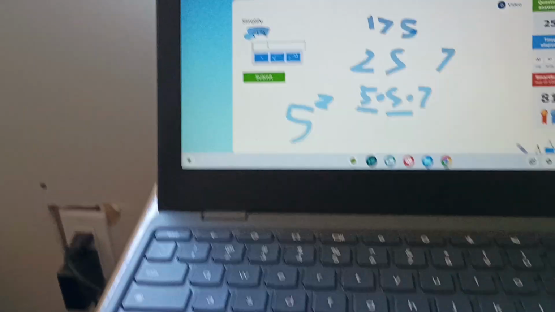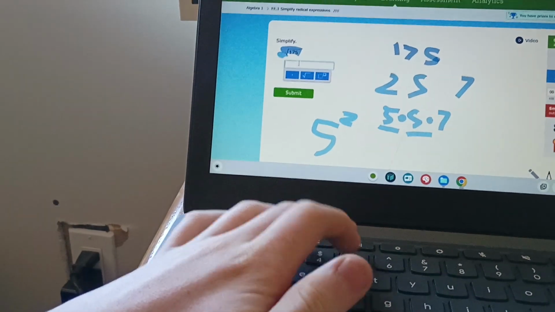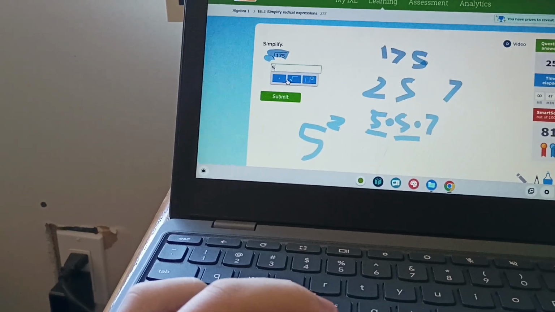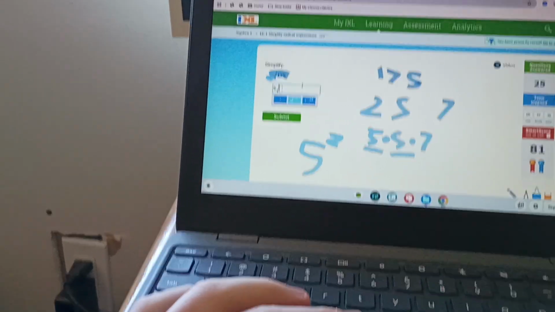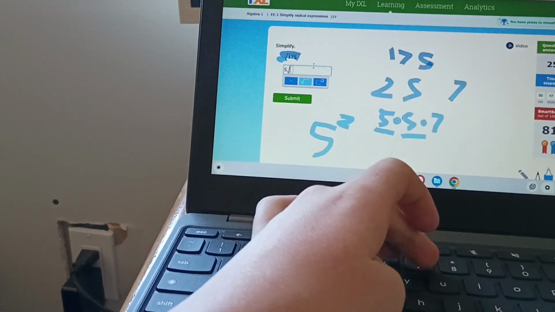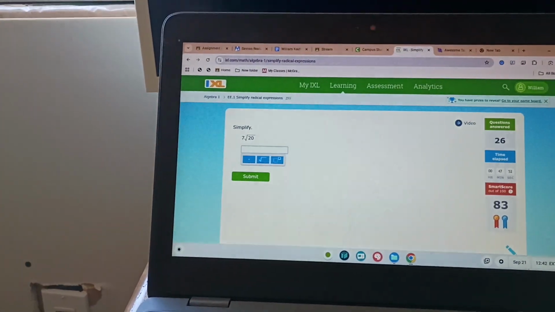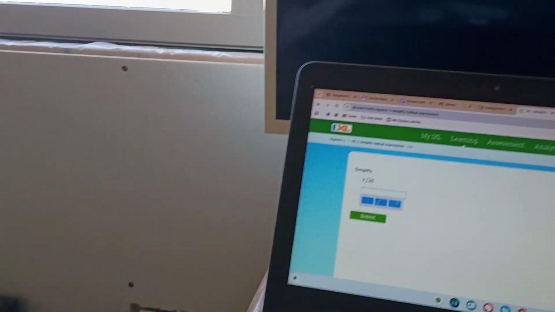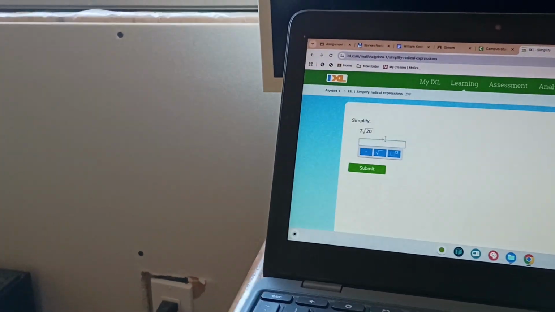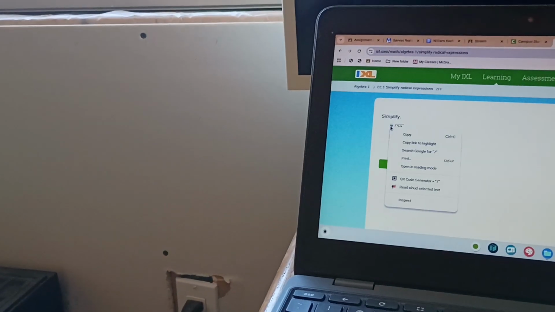So for instance, this answer would be 5, then the root, and then you put 7. And that's right.